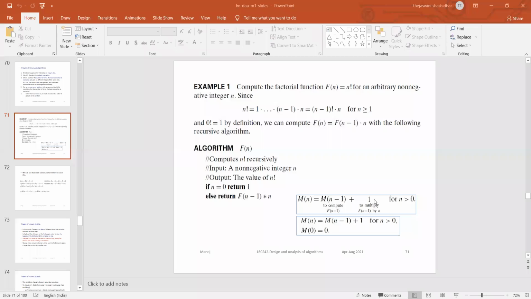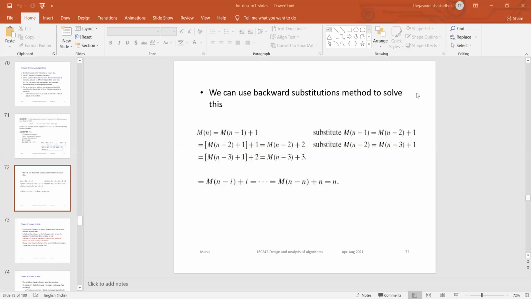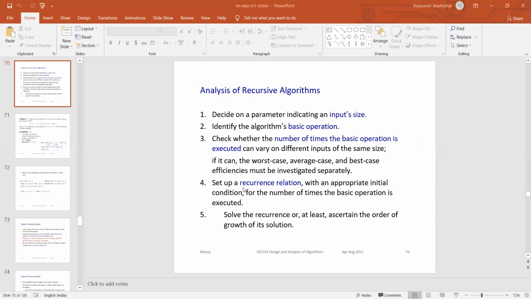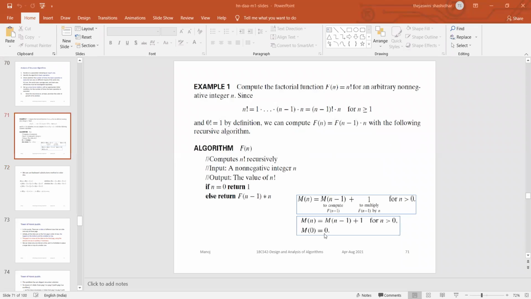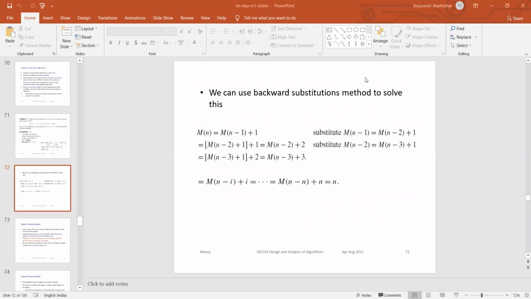So for this relation only, you are going to solve it here. Come to the steps: set up a recurrence relation, and the fifth one, solve the recurrence relation. We take M(n) = M(n-1) + 1.